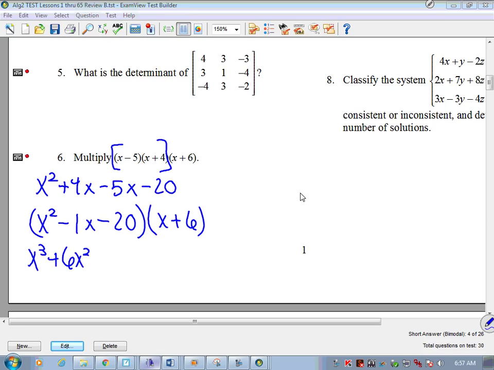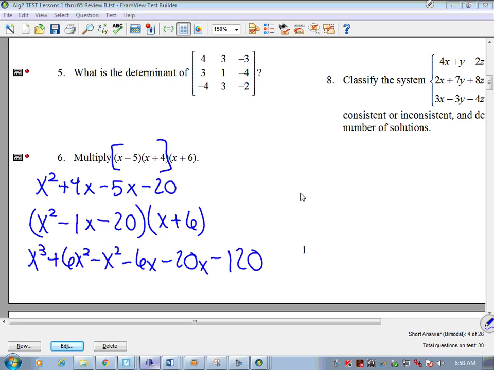Then we're going to get negative 1x times x, so it's going to be negative x squared. Then negative 1x times 6 is minus 6x. And we have negative 20x. And finally we have, let's see, I believe negative 120. Sometimes my brain goes a little wonky here. Negative 20 times 6 is negative 120.